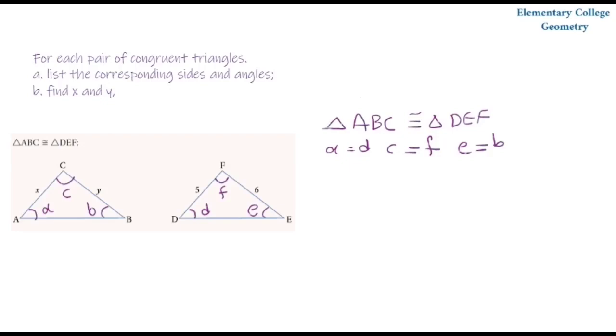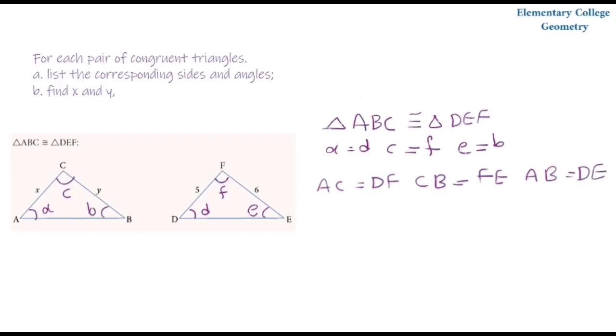And all the corresponding sides are equal too. So AC equals DF, CB equals FE, and AB equals DE.